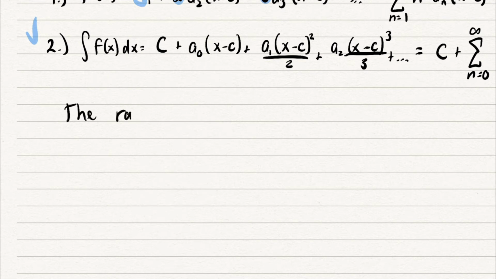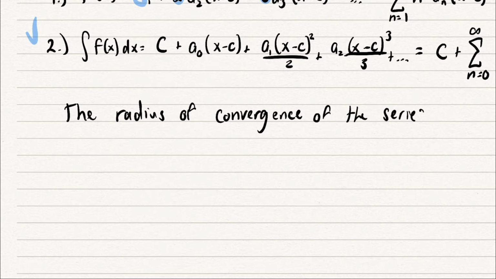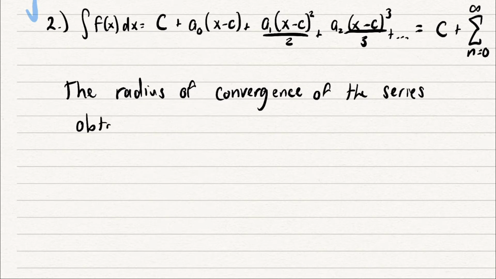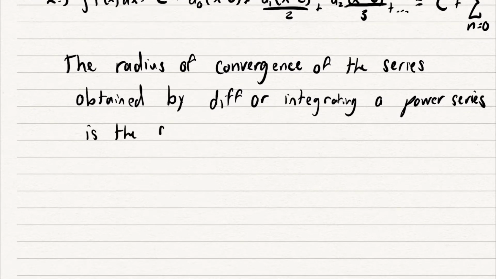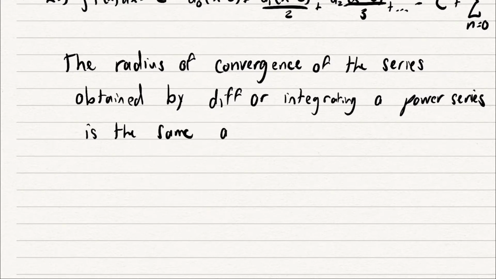It says the radius of convergence of the series obtained by differentiating or integrating a power series is the same as the original power series.